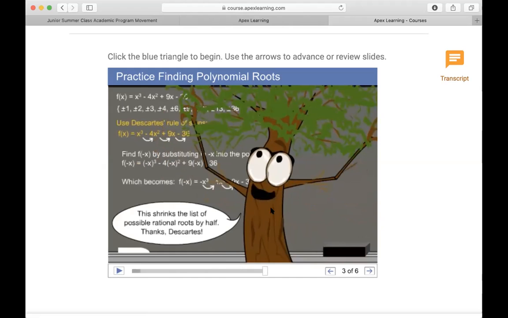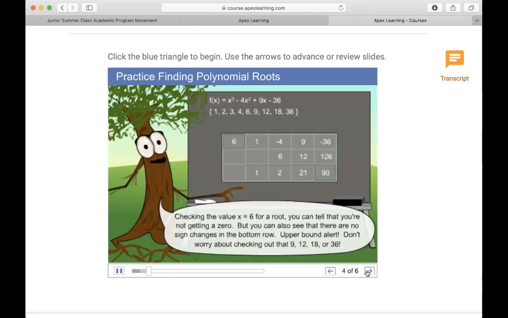Because all of those were negative, there were no sign changes. So then what we can do here is evaluate all of those possibles. Since we had no sign changes, we have no negative roots. So it limited all of our possible roots to just the positive values here.